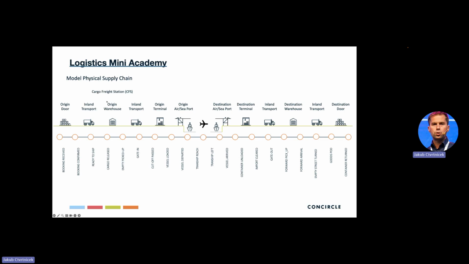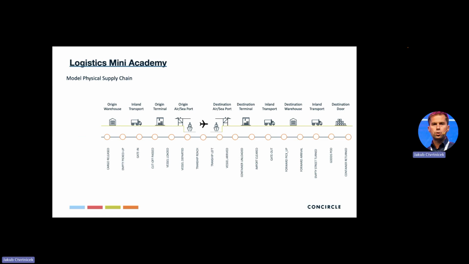Now, the origin warehouse sometimes is referred to as a cargo freight station if the containers are being built. Often it is operated by the freight forwarder or origin operator companies like DHL, Kühlnagel, and so on. And the destination warehouse could sometimes be referred to as a distribution center, especially on the outbound flow when we need to bring our goods, or the customer needs to bring the goods, nearby to the customer's future consumption.